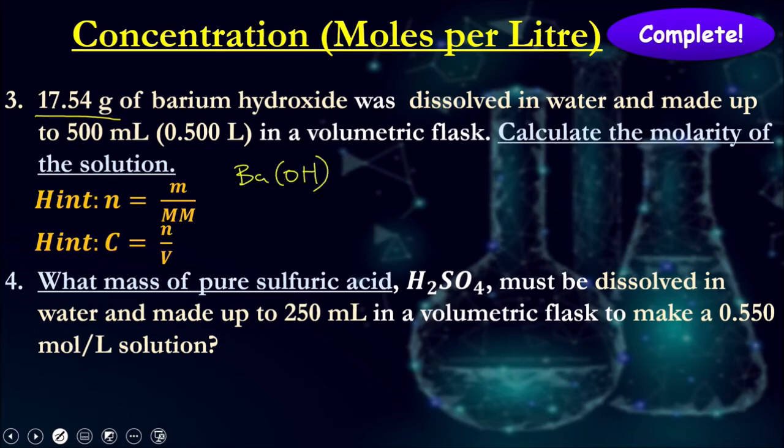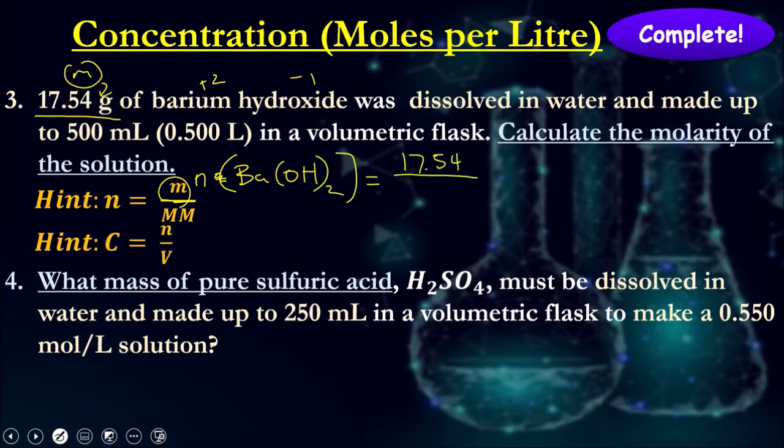Don't forget barium is 2+, hydroxide is -1, so it should look like this, Ba(OH)2. I want to find the number of moles firstly. So the mass, m, that's this m here. Make sure you label it. 17.54 grams over our molar mass.